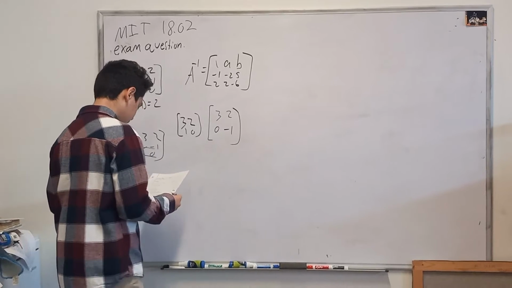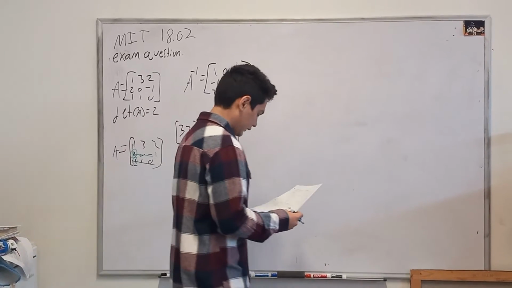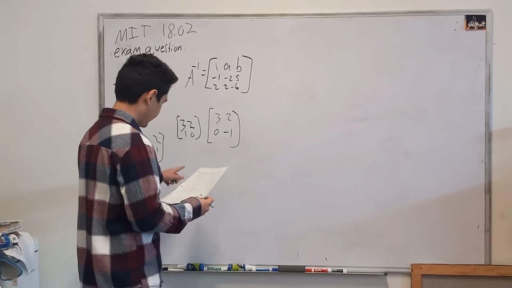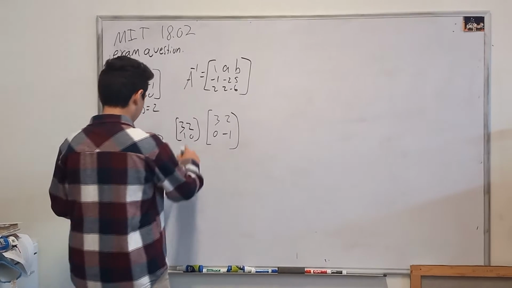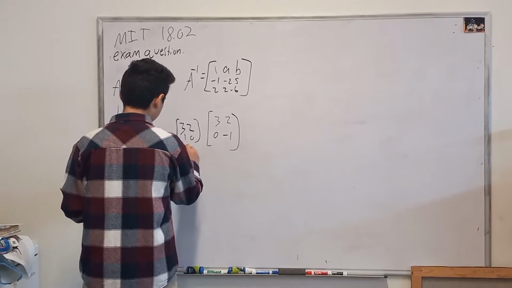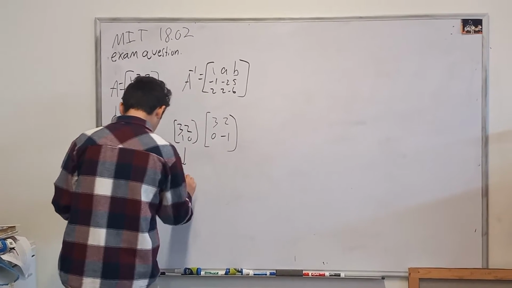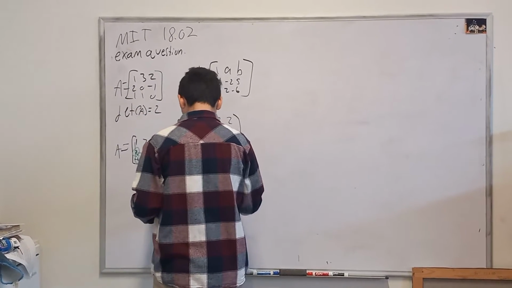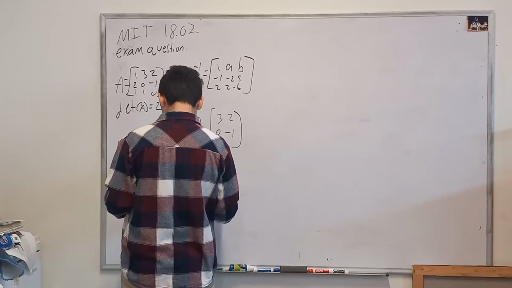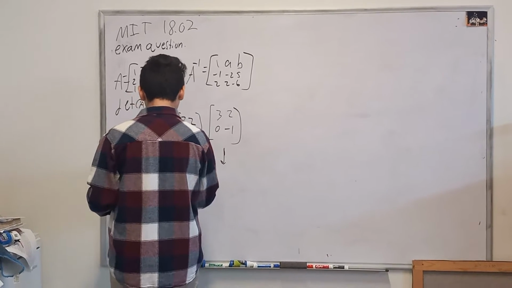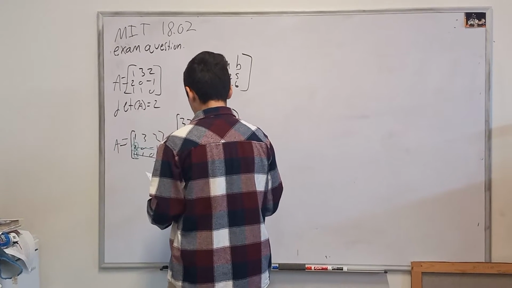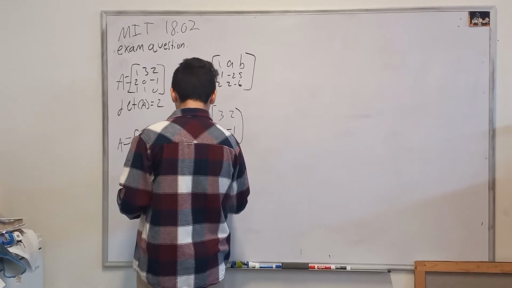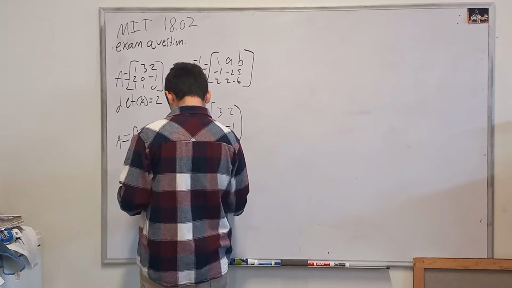So what we're going to do is take the determinant. This first determinant is equal to 2. And this one is actually minus 2, my bad. And then this one is minus 3.